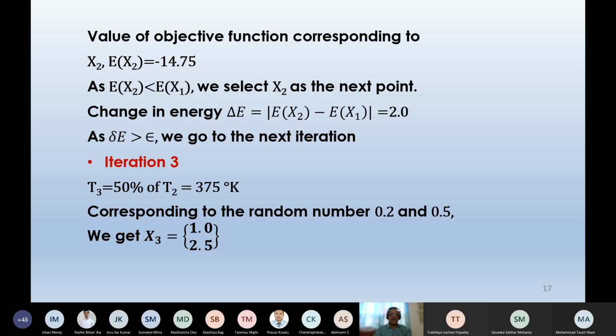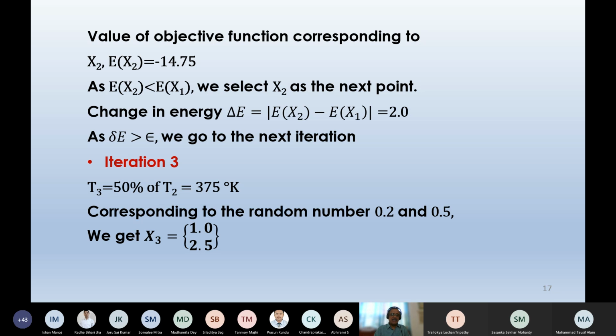And the change in energy, that is delta E, is nothing but the mod of the difference between energy corresponding to X2 and energy corresponding to X1, that is equal to 2.0. And once again, delta E is found to be much higher compared to the termination criteria epsilon. So we go to the next iteration.